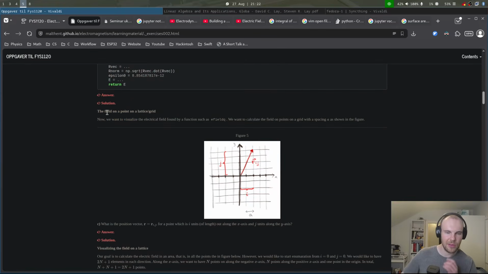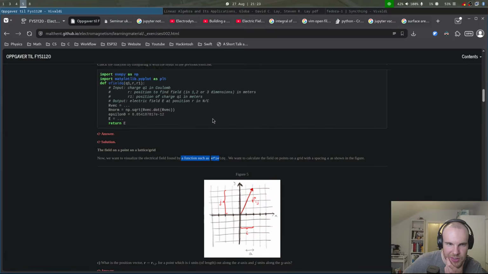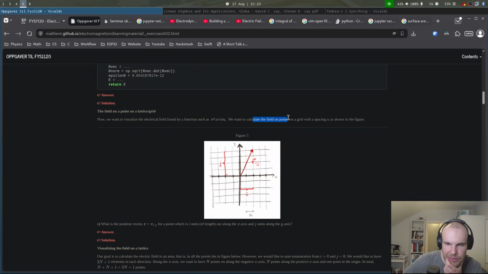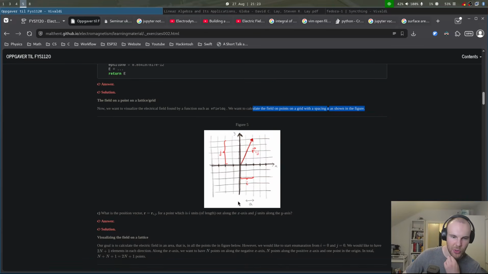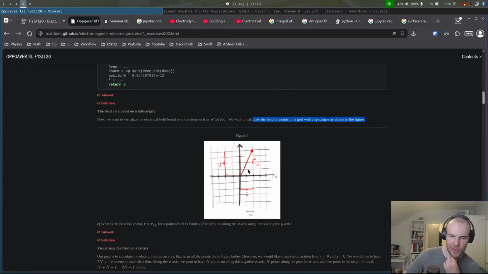The field on a point lattice grid. Now I want to visualize the electric field found by a function such as this guy, right? We want to calculate the field points on a grid with a spacing A as shown in the figure. So what they want to do actually is create that mesh grid, but without using the function or method, to be more precise.